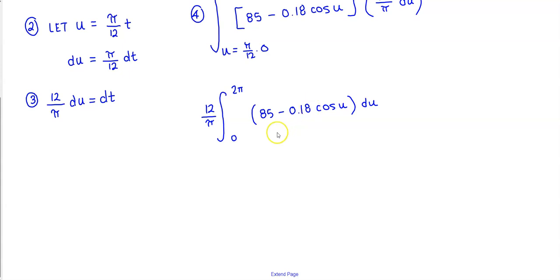The next step is to take the antiderivative of both of these terms. So we have 12 over pi times the antiderivative of 85, which is going to give us 85u, minus the antiderivative of the cosine of u, which is the sine of u, so this is going to be 0.18 times the sine of u, and we're evaluating that from 0 to 2 pi.